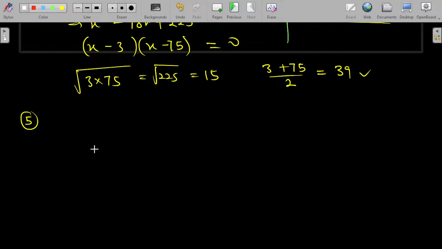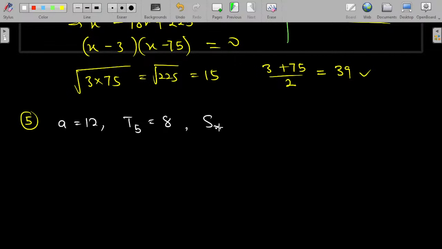It says a progression has a first term a of 12, and a fifth term t5 of 8. Find the sum of the first 20 terms if the progression is arithmetic. They've told us that the progression is arithmetic.